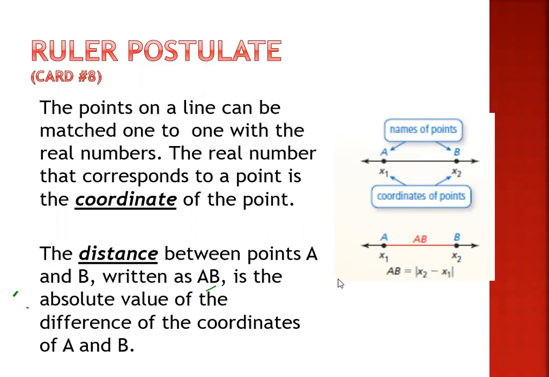For example, if you have a line AB, and the coordinates are denoted by X1 and X2, and you want to find the length of AB, then you are going to find the absolute value of X2 minus X1. Why did we use absolute value?